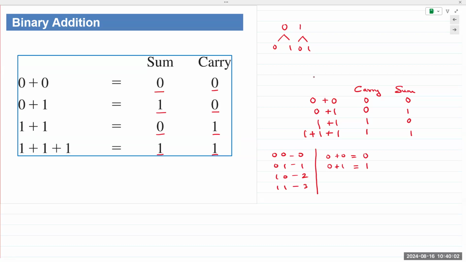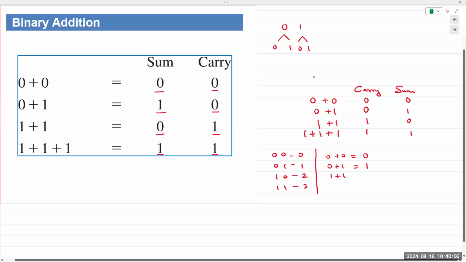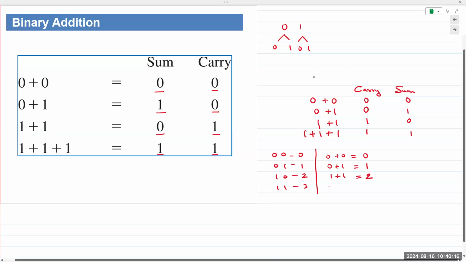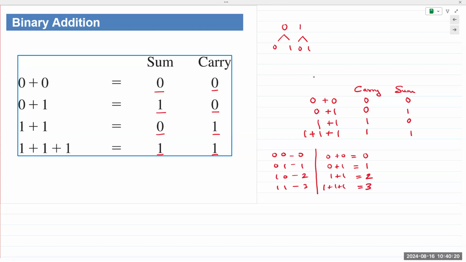The answer should be 2. And 1 plus 1 plus 1 gives me an answer of 3.